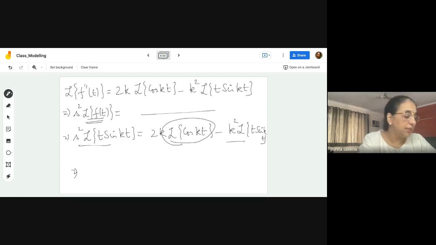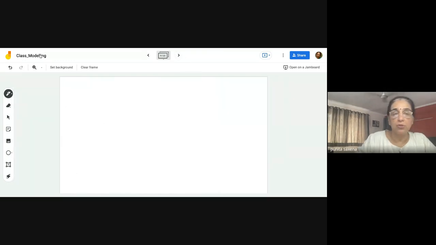Similarly, if you just look at your question number 25, 26, 28, 29, 30, they're all similar to this. Now see, in question number 25, we have to derive the formula for sine kt. Laplace transform of sine kt we know.